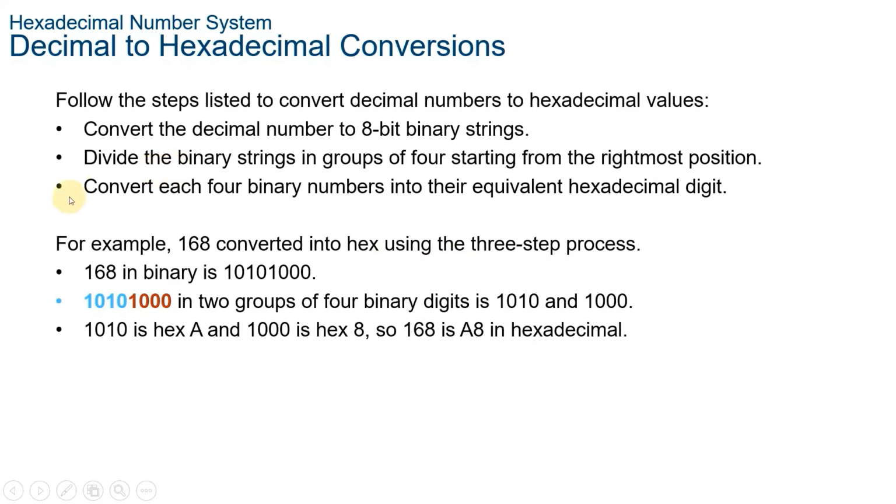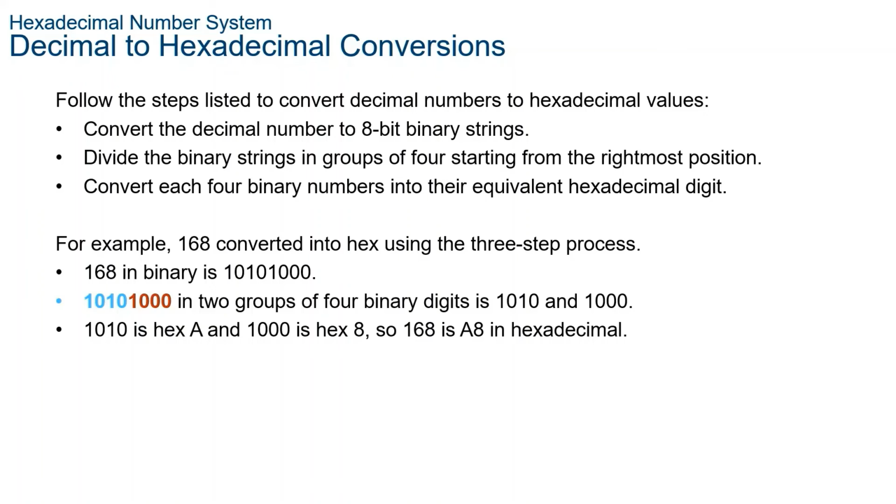Decimal to hexadecimal conversion. Converting decimal numbers to hexadecimal values is straightforward. We just have to follow these steps. First, convert the decimal number to 8-bit binary strings. Then, divide the binary strings in groups of 4, starting from the rightmost position.